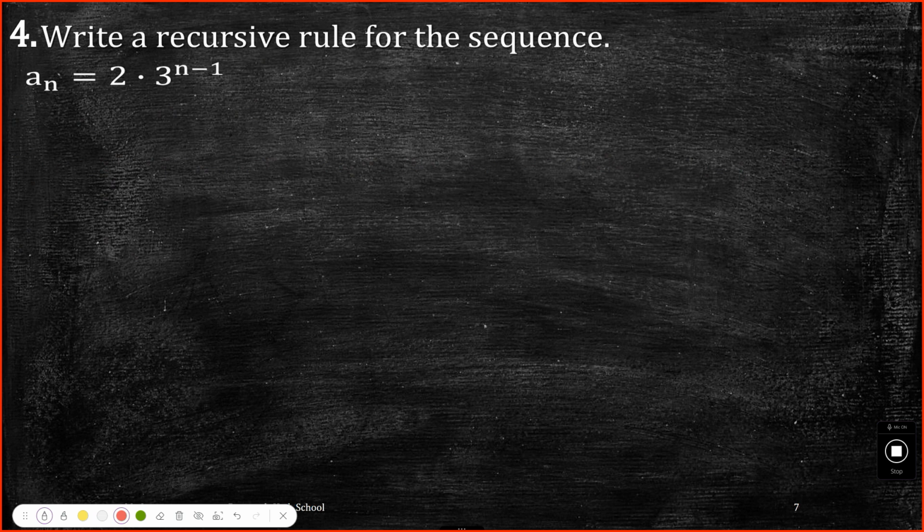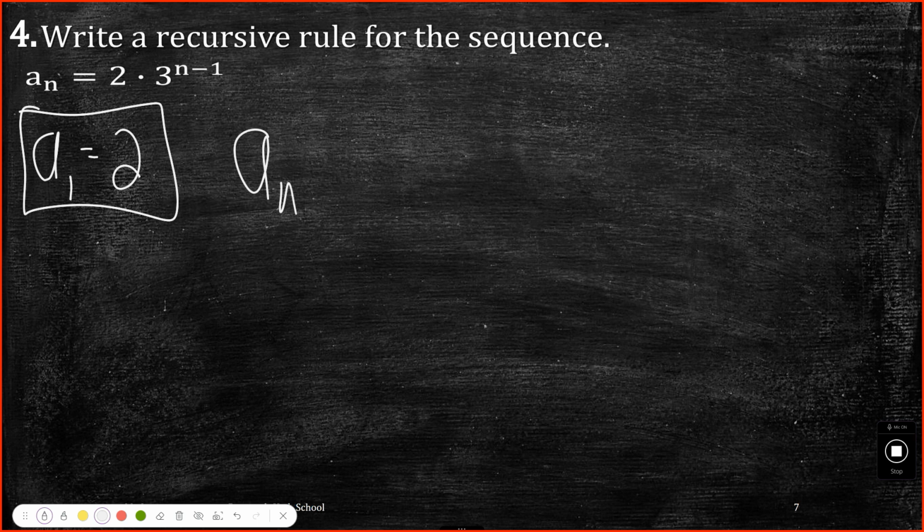Geometric. So if it is geometric, let's get A sub 1. What's A sub 1? You can just plug it in. The answer is 2. So it's 2. And then the skeleton was A sub n equals r times A sub n minus 1.